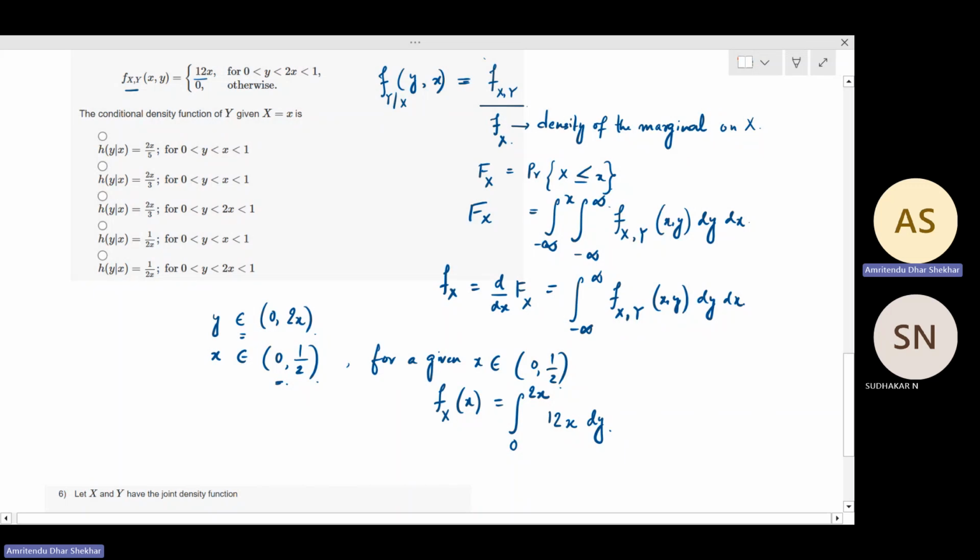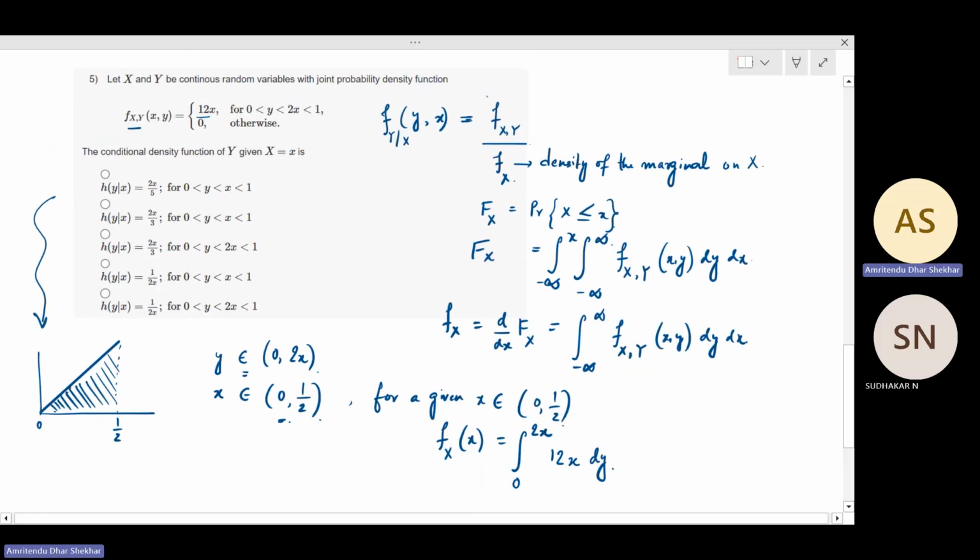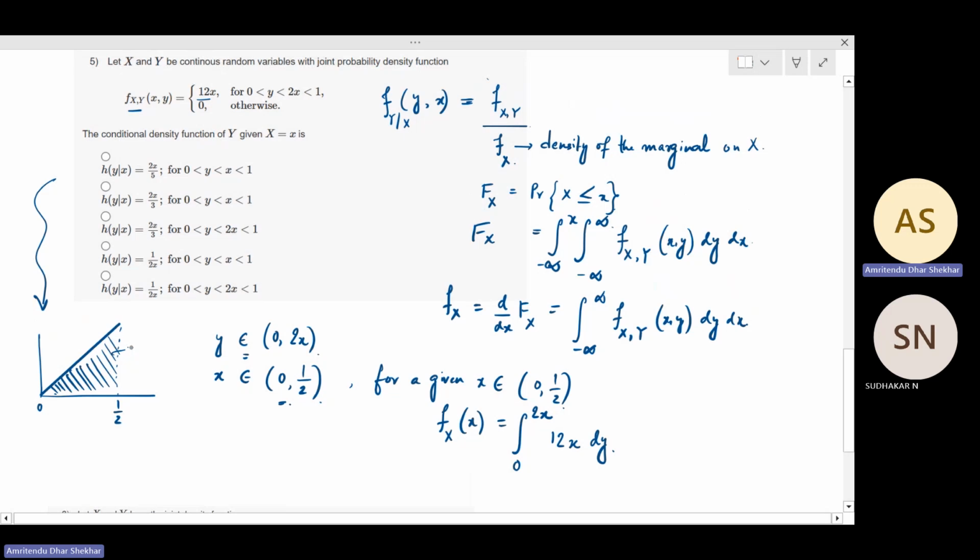You can draw a picture of the xy plane, where x is from 0 to half, and y takes values from 0 to 2x. So you have this range within which the PDF f_xy is defined, and outside it the PDF is just equal to 0.